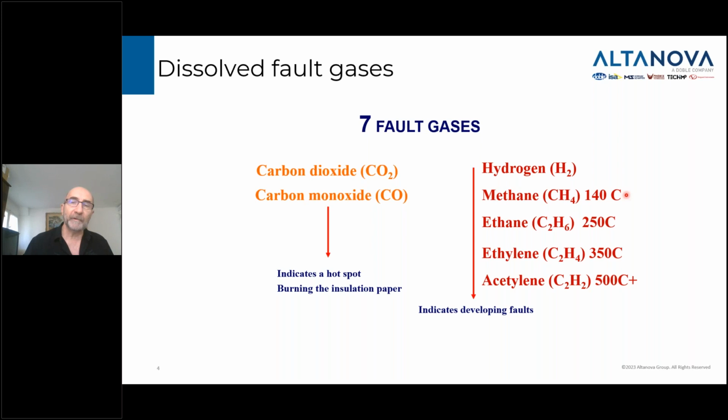And if over time ethane starts appearing, it means that the fault is evolving and has gone from maybe around 140 to 250 plus. So the DGA, which we've been doing since the mid 60s, is designed to measure those gases and give us that type of information right away.